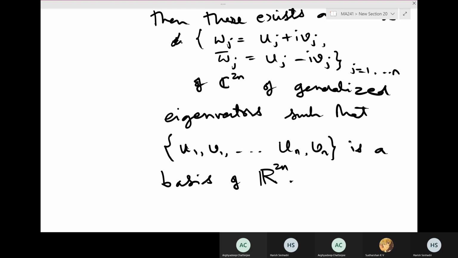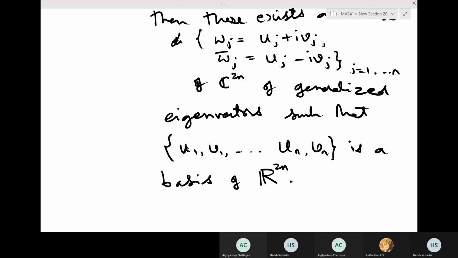You just see, after all, Uj is Wj plus Wj bar over 2, that's all. Just like for complex numbers, you express the real and imaginary parts in terms of the complex number and its conjugate.